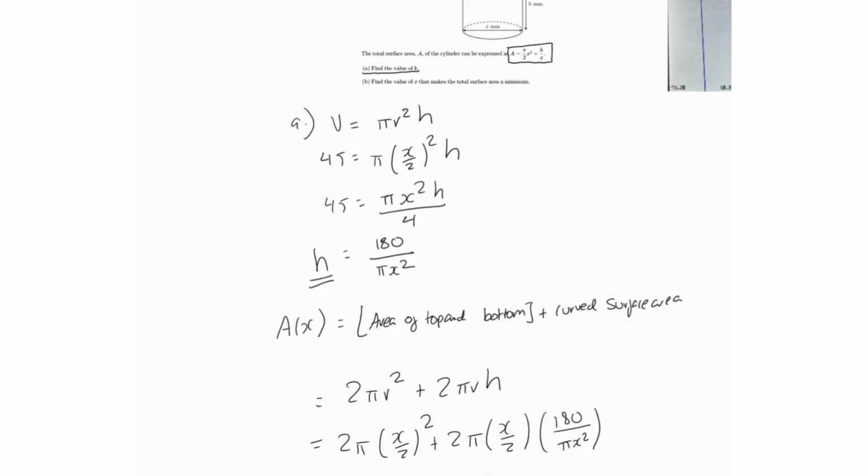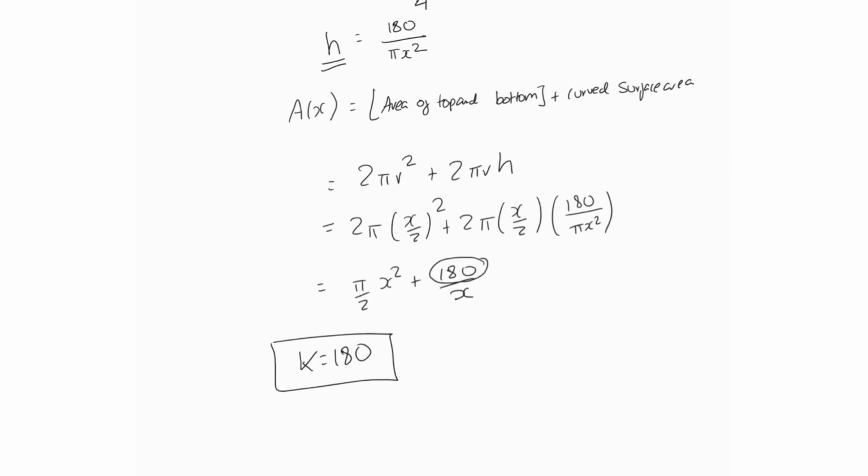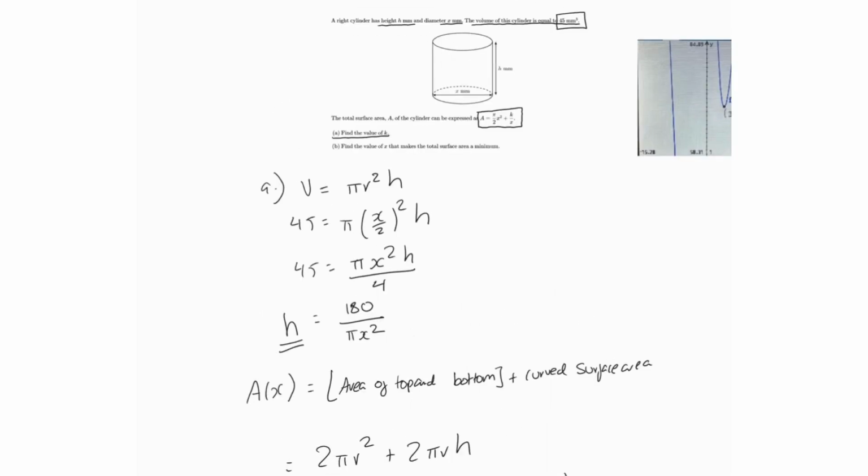So the question states find the value of k. So in this case 180 will be the value of k. So looking at B, it says find the value of x that makes the total surface area minimum.